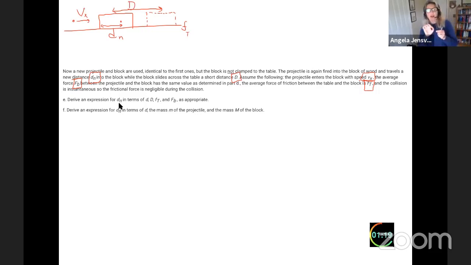Derive an expression for how far the projectile goes into the block now that it's not clamped to the table. All right, we know that the energy dissipated, we have two dissipative forces. They're going to dissipate energy.